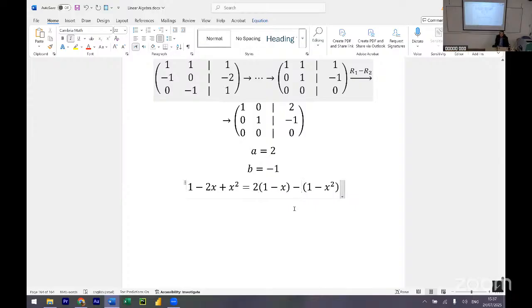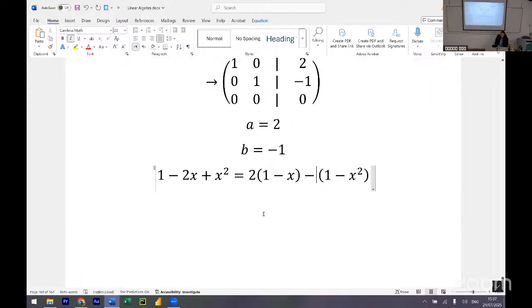So first of all, we can verify that we did correct calculations. I won't even bother with it. I'm pretty sure I didn't make any mistake in such an easy question, but you can verify and make sure that indeed the third vector is 2 times the first minus the second.